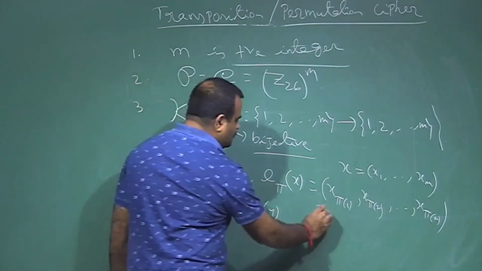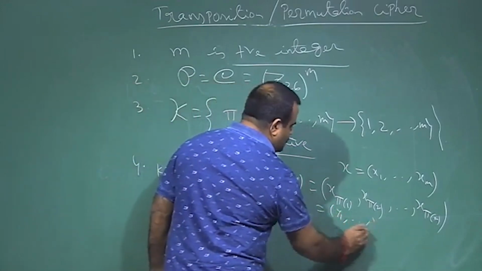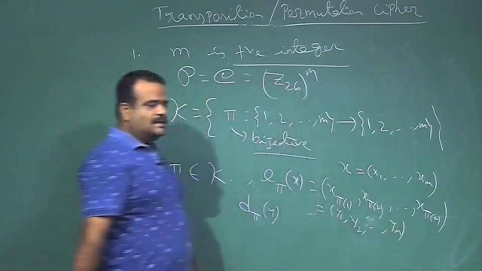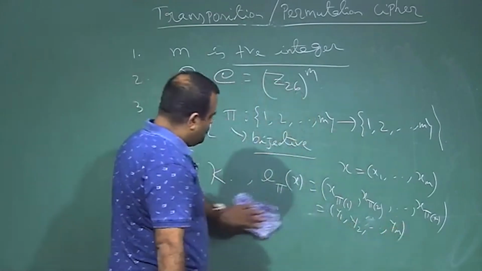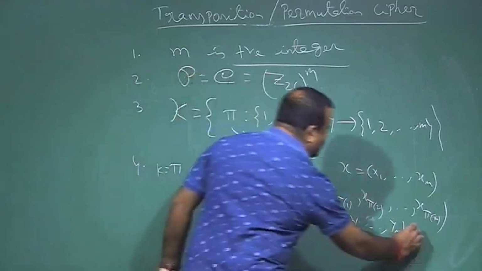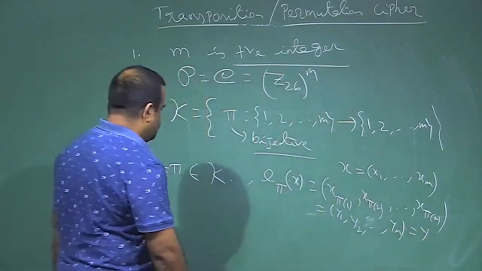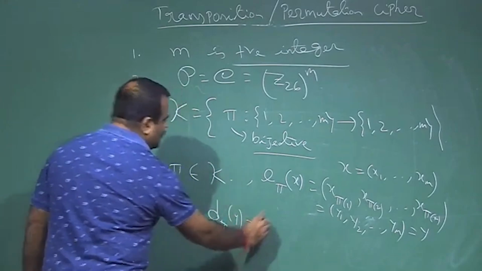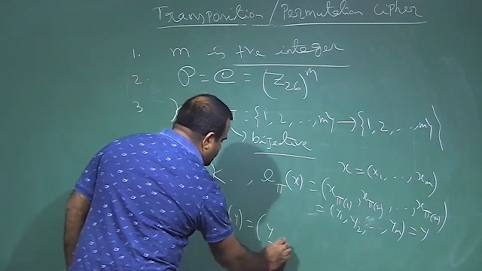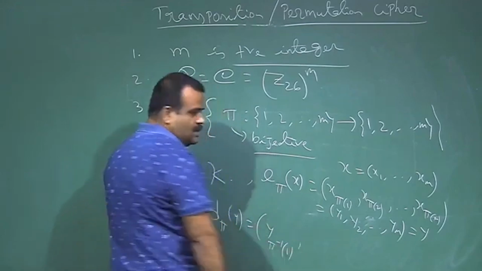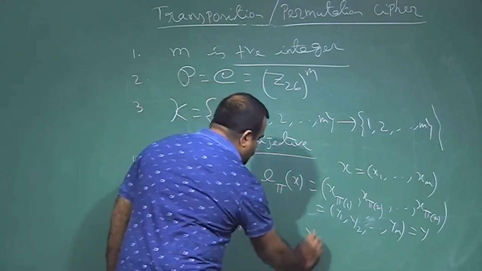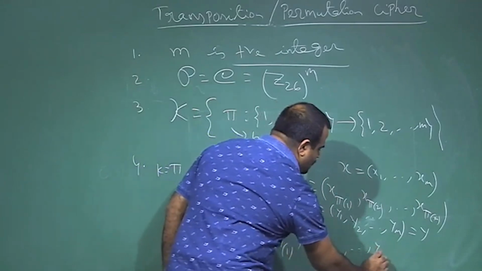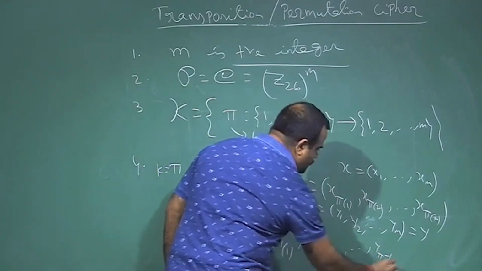Now, say this is y, the ciphertext y1, y2, up to ym. So, the decryption of the ciphertext vector y, d_k of y, is basically y phi inverse of 1, y phi inverse of 2, up to y phi inverse of m.